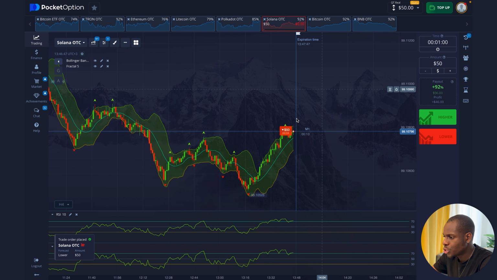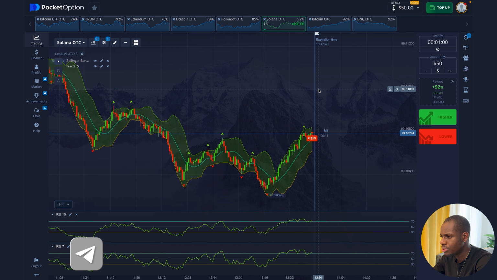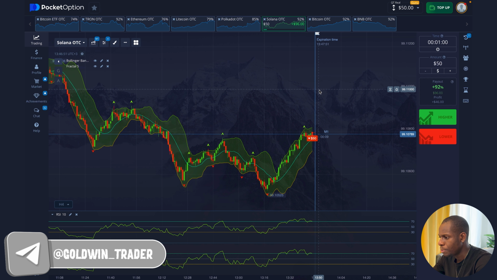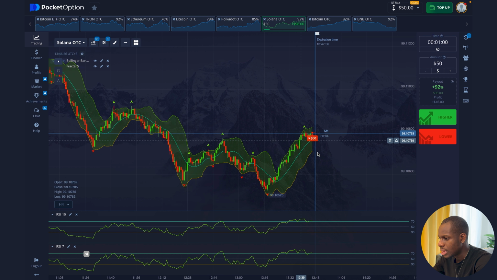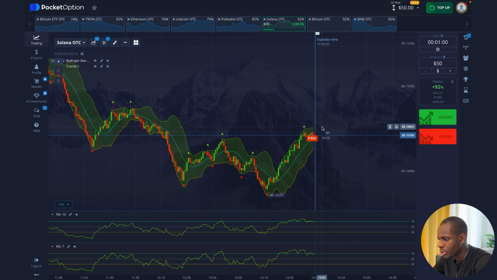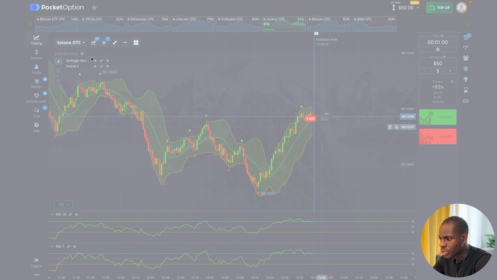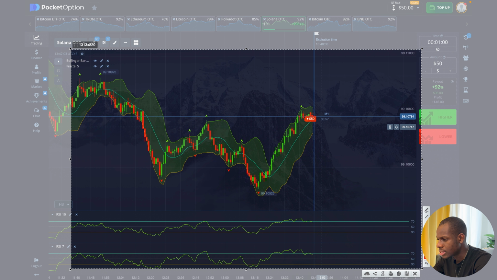Okay guys, so I just saw my first entry and here we're taking a sell. I have this candle showing an impulsive move going down, and that's how we got this entry point. Let's just zoom this in a bit. So the fractal showed us a maximum update, and there was also a touch on the top Bollinger Bands.